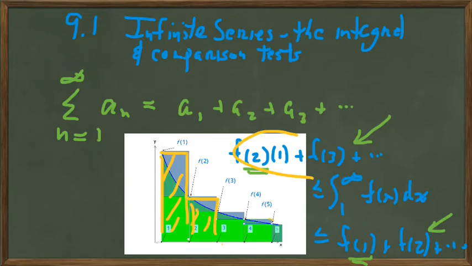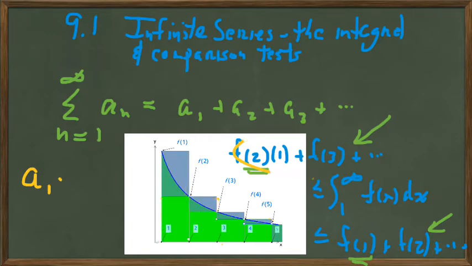And when we refer to the a values, what's the difference between a1 and f of 1 times 1? Well, a1 is just this height right here. And this height right here is a2. This height right here is a3. So let's note those. Here's a1. Here's a2.